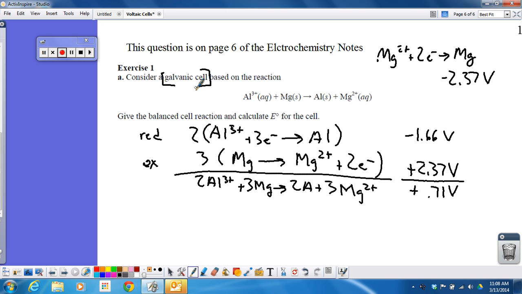So in order to have a galvanic cell, I need a cell potential that is positive, because a positive cell potential, a positive E cell, and this would be standard because it's from the table, a positive E cell means that reaction is thermodynamically favored. So positive, thermodynamically favored, it's a galvanic cell. If I get a negative voltage, that means that you cannot make a galvanic cell from that combination of reactions.